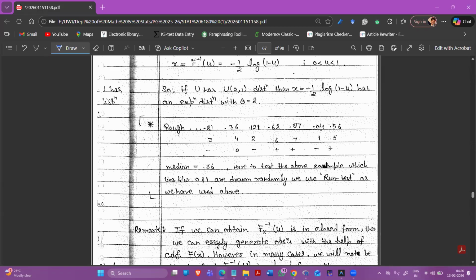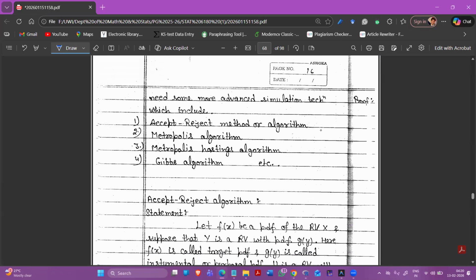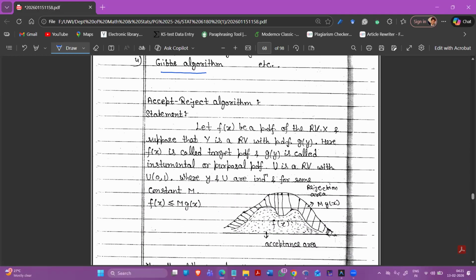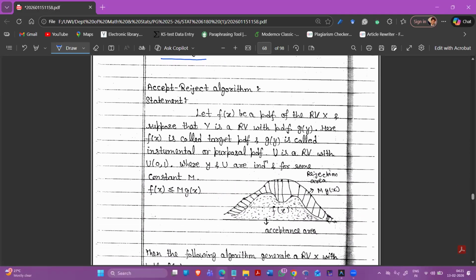If we are not able to do that, we use other methods like the accept reject method, Metropolis algorithm, Metropolis-Hastings algorithm, or Gibbs sampler. Gibbs sampler we already discussed. So now we will discuss the accept reject algorithm.